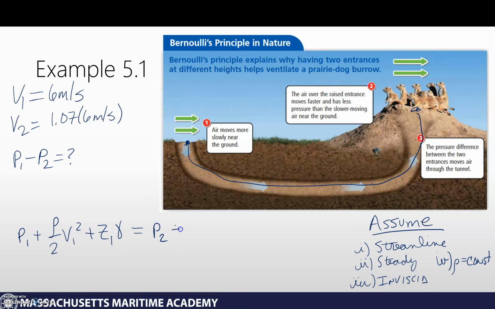So pressure 2 plus gamma over 2 V2 squared plus Z2 gamma. Now, as we're looking at that, point 1 and point 2 are basically the same height. So if we assume that Z1 is equal to Z2, those terms will be the same and they'll end up dropping off.